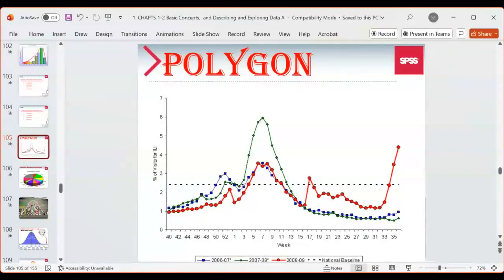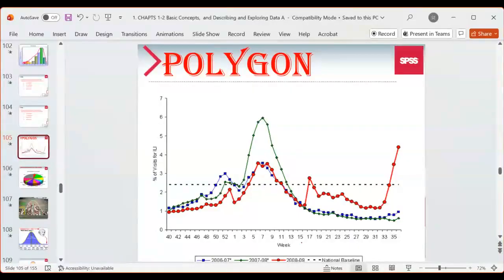And then we have the polygon. Poly means many. So we use this kind of graph when, let's say, you compare AU students with FIU and the University of Miami.